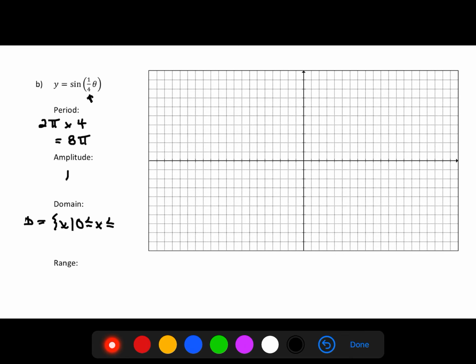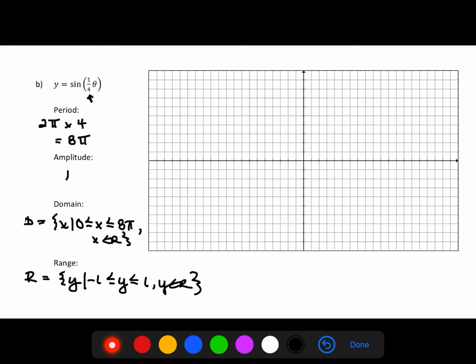Amplitude is still 1. Our domain in this case then, when we think about our x values, x is going to be greater than or equal to 0, but smaller than or equal to 8 pi. And can be any real number.